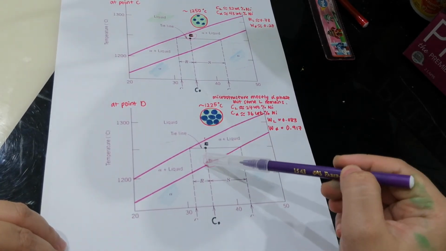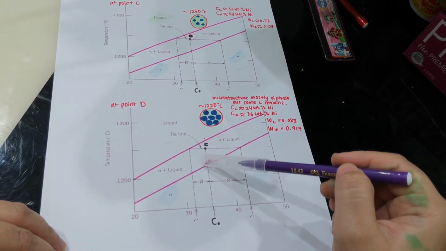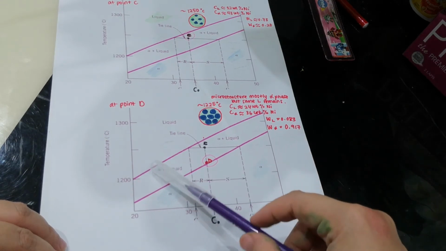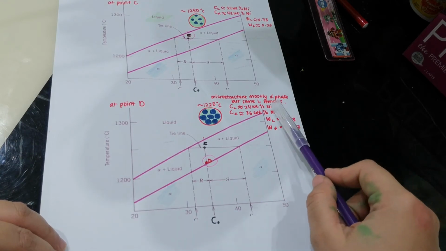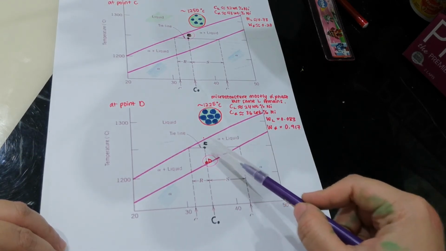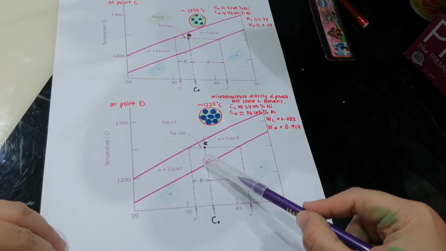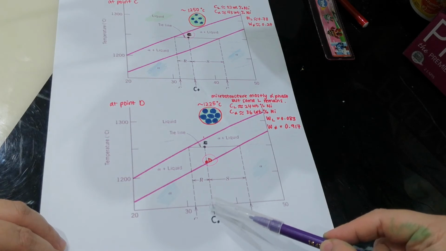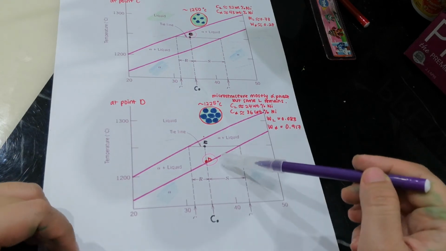When you draw the tie line here, you get the liquid composition CL as 24 weight percent nickel, and the composition of solid is around 36 weight percent nickel, because it is just slightly above the solidus line.